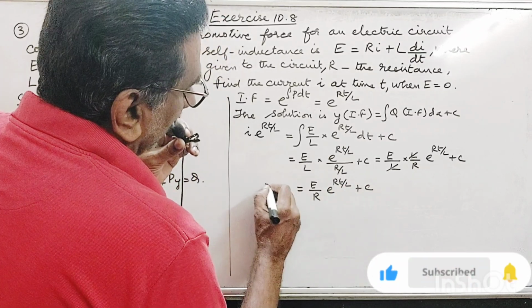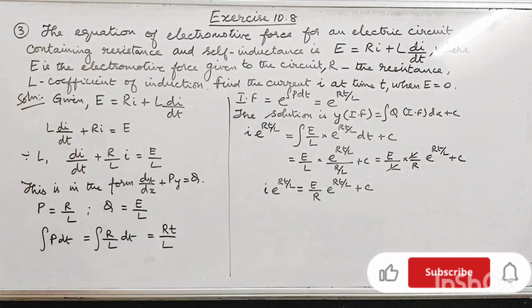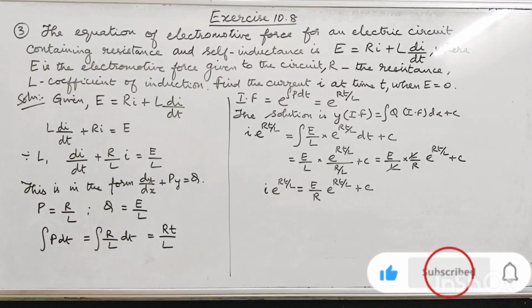This is i into e power Rt by L. But I need i in the form of this one.